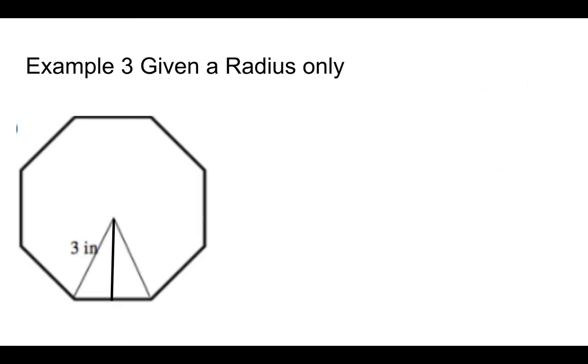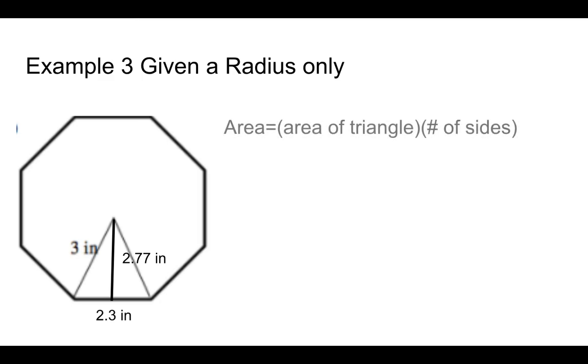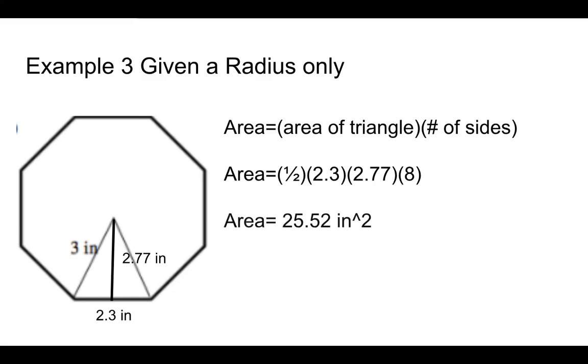Now we have all the pieces that we need. We have our apothem and the side of our polygon. So we use the area of a triangle times the number of sides. We do 1/2 base times height: 1/2 times 2.3, the base, times the apothem, or height, 2.77, times 8, the number of sides and the number of triangles in this octagon. So we get 25.52.